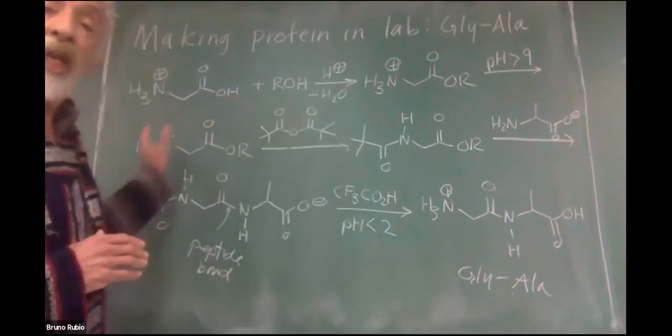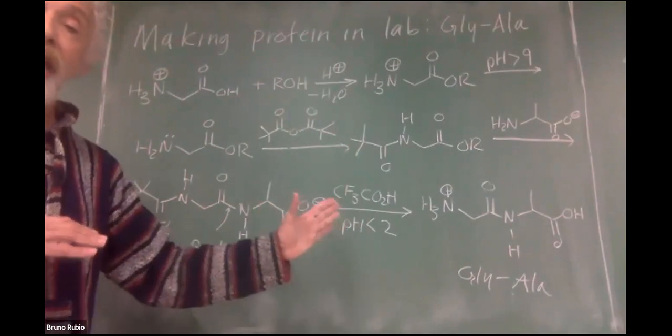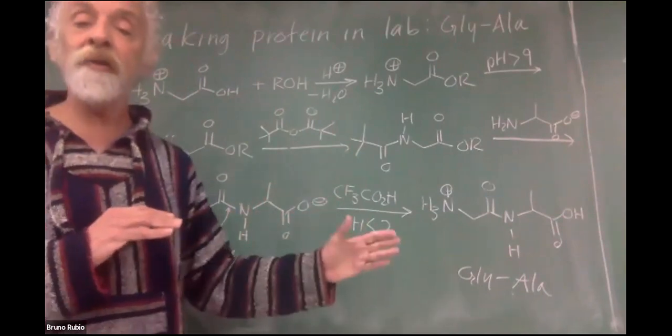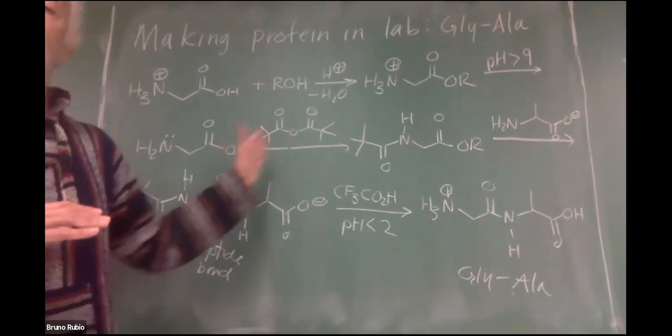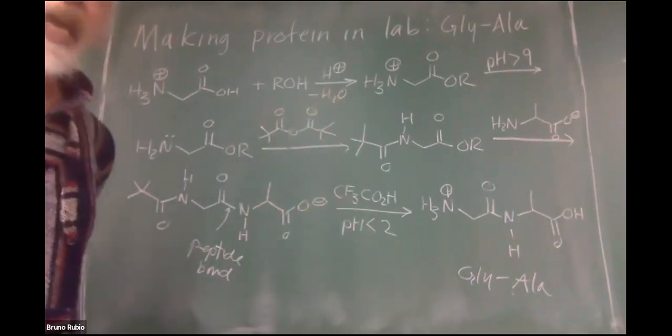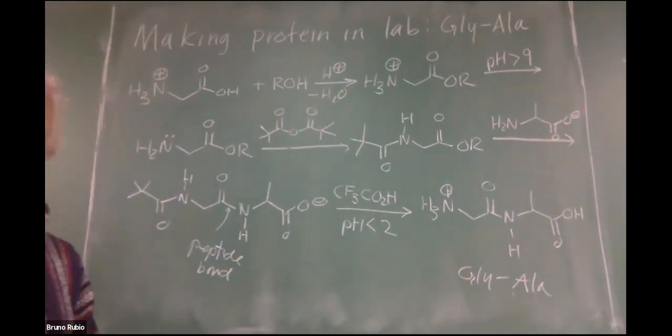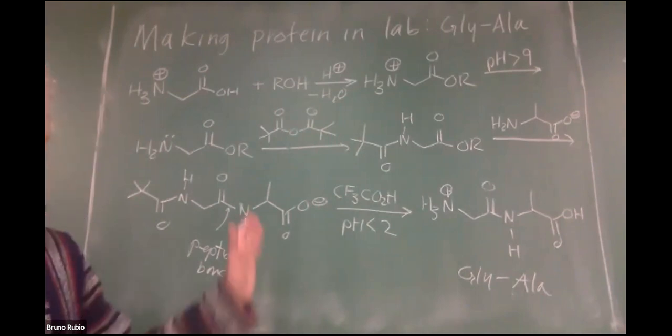And in fact, all of this chemistry was deemed worthy of a Nobel Prize for Professor Robert Merrifield of NYU, who cooked up this scheme in the 1970s. And laboratory synthesis of proteins has come a long way since the 1970s.